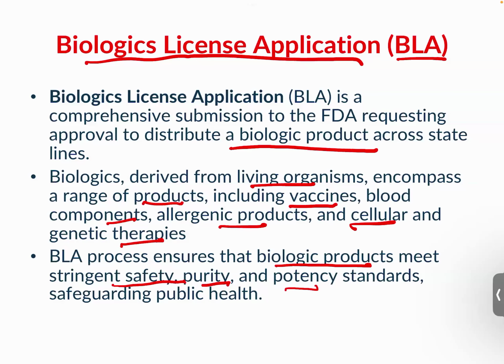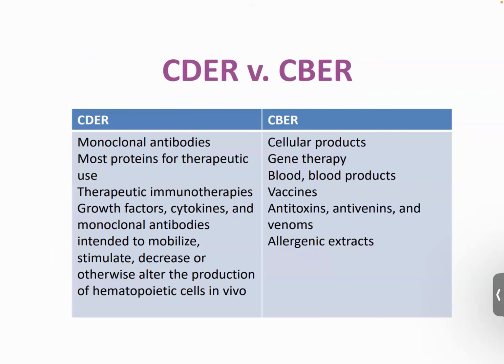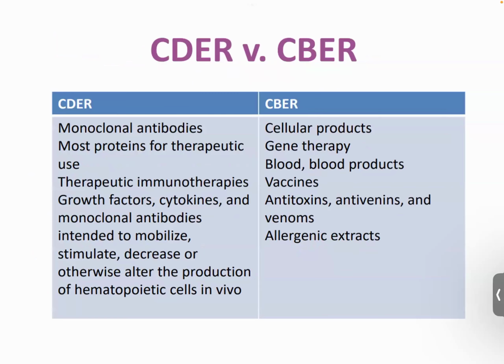Now, what will be the difference between those two applications? Any application related to a drug will go to CDER, the Center for Drug Evaluation and Research. If it is related to biologics, it will go to the Center for Biologics Evaluation, right? So what are the key differences?